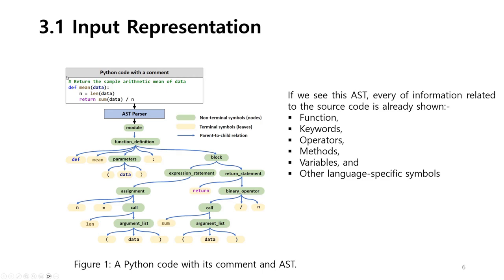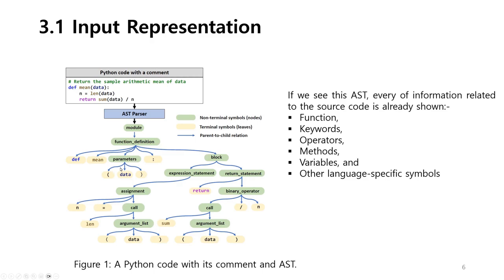Under the function definition, this is a simple function which defines a mean function. So we enter the entire attributes of this source code. Here we have the def keyword and the mean function. Under the mean function, we have parameters.